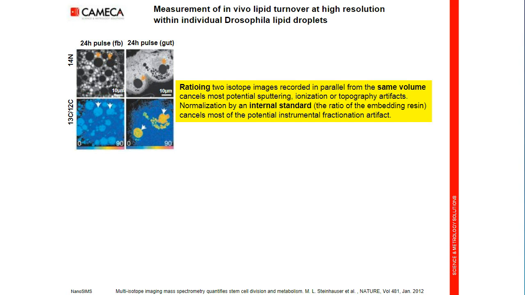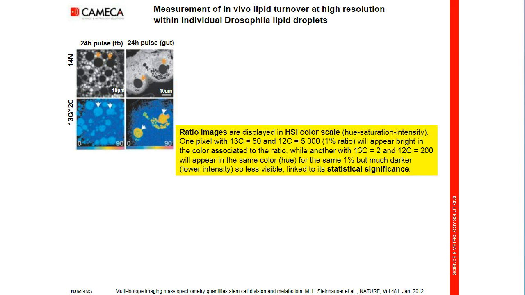So, a reliable method. Second, on the left side, you see color images. They are displayed in HSI color scale: hue, saturation, intensity. So, one pixel with a given isotopic ratio acquired with a high intensity, for example, 50 counts on the C13 and 5,000 counts on the C12, will appear with the same hue as another pixel with 2 counts on the C13 and 20 counts on the C12.